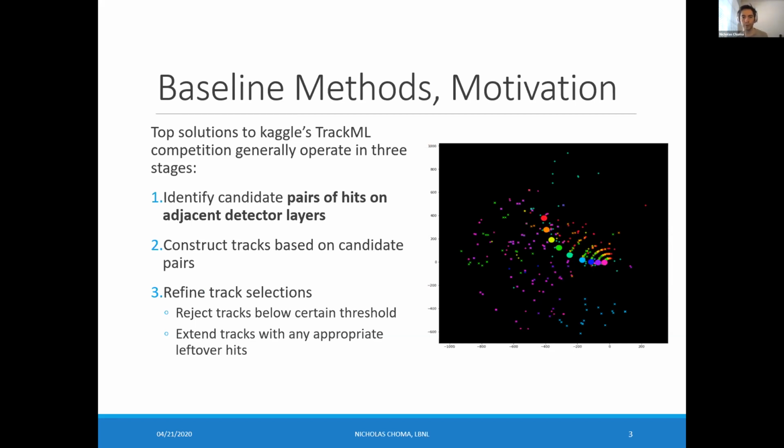Using those pairs and that scoring metric, you construct a set of tracks and then apply some sort of refinement. You might reject tracks that don't fit a certain criteria, and then with any leftover hits, you might extend tracks where the hit looks like it might belong to that track.